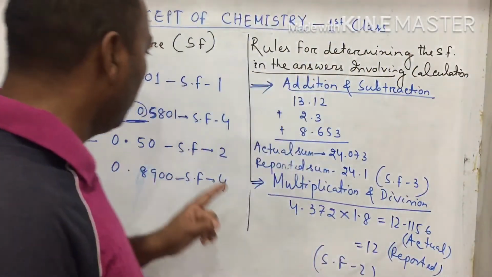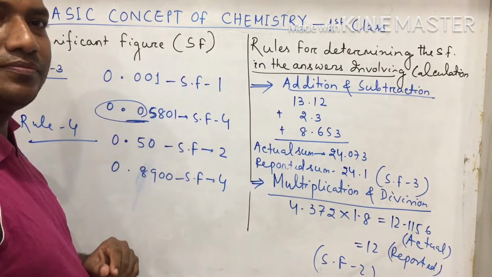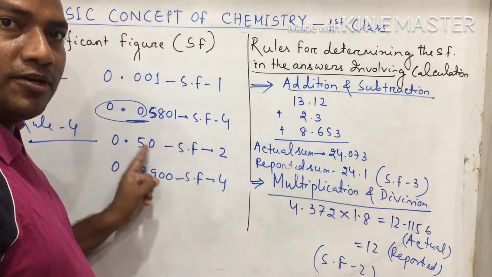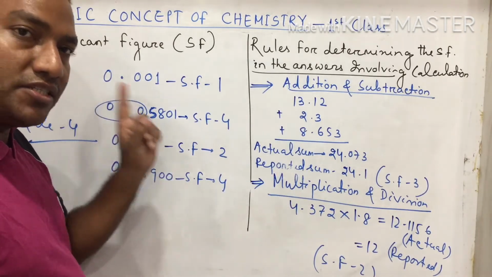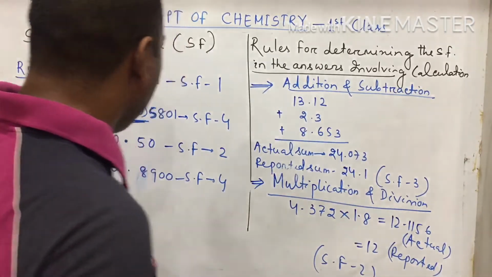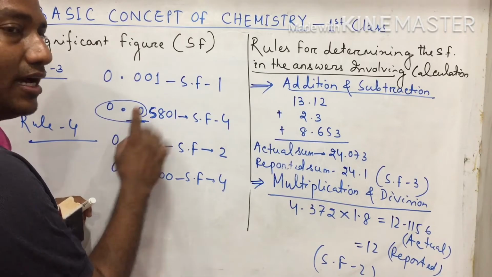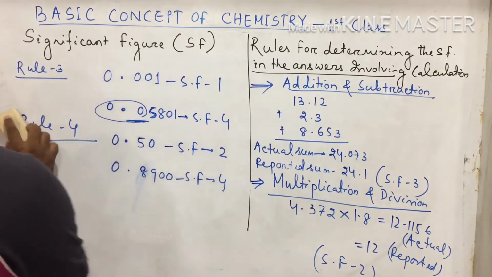Got the idea? So 0.5 is less than 0.50. That's why 0 after the decimal point, after non-zero digits, are significant, but 0 before the non-zero digit are not significant. Clear? These are the first 4 rules.